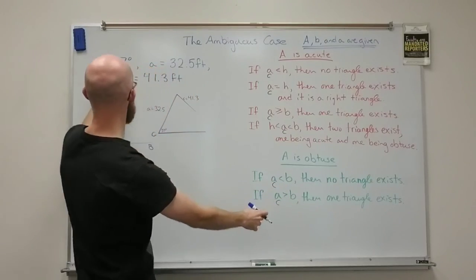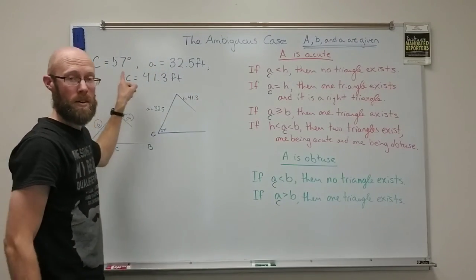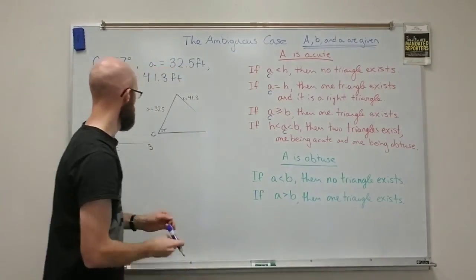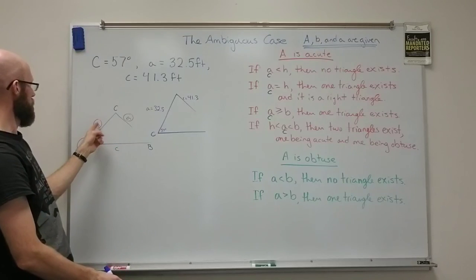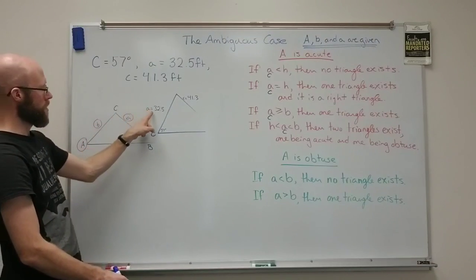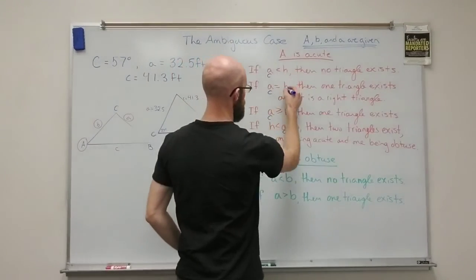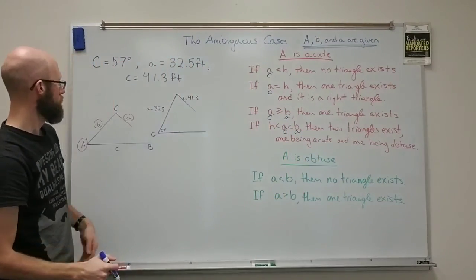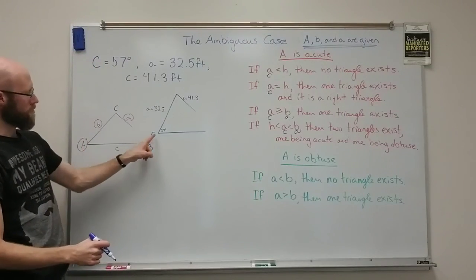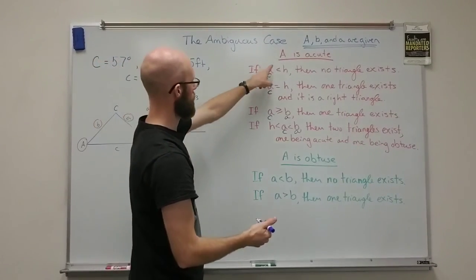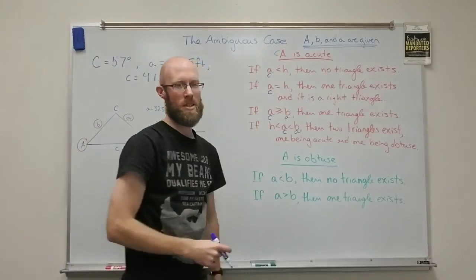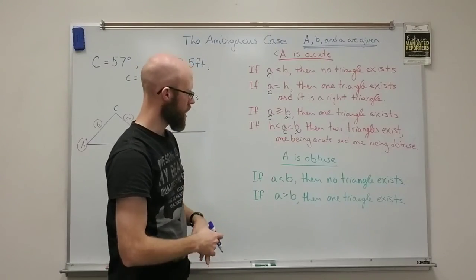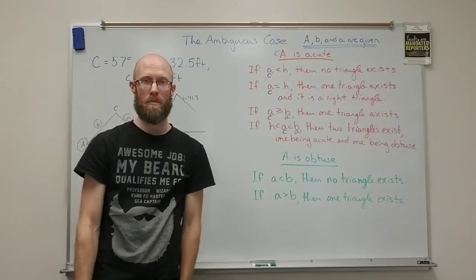I don't have to worry about the obtuse situation because my given angle is acute. Then little b becomes little a, and angle A becomes angle C, so it's C is acute instead of A is acute. I just make those changes and then I can operate from there.